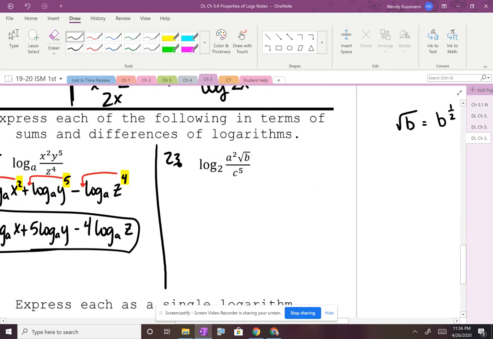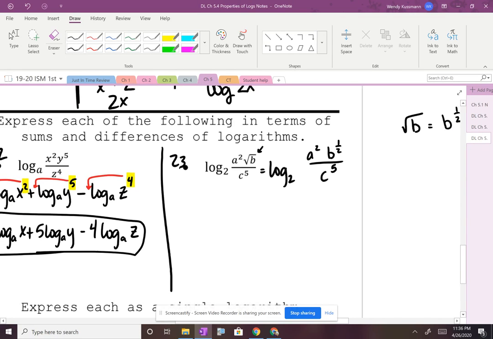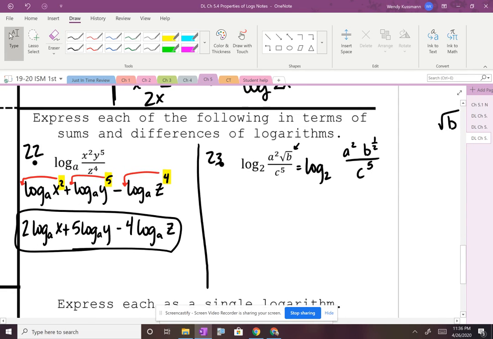So here, the first thing that I'm going to do is change this radical to a fractional power. So this would be log base 2 of a squared b to the 1/2 divided by c to the 5th. So now it looks very similar to number 22. So go ahead and see if you can do this one on your own.